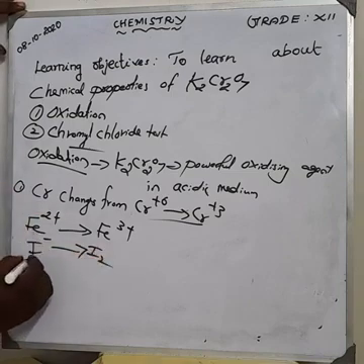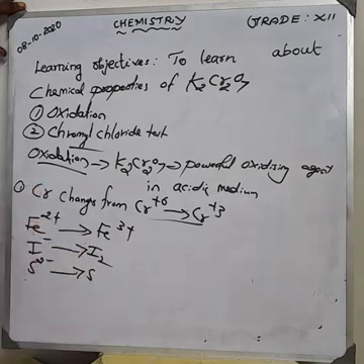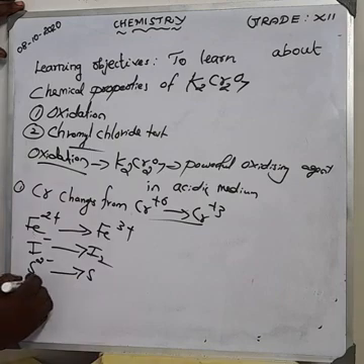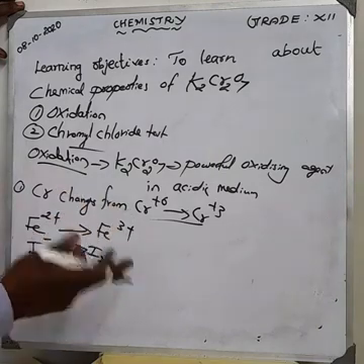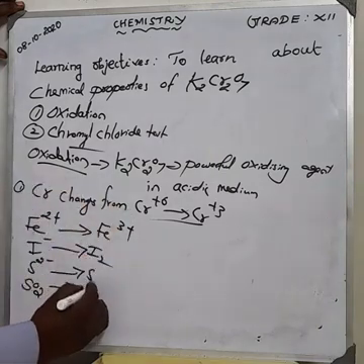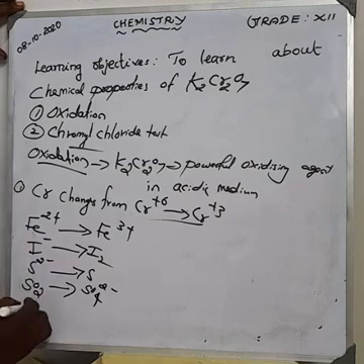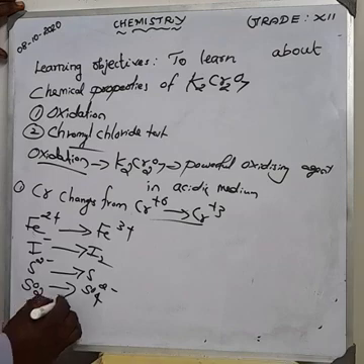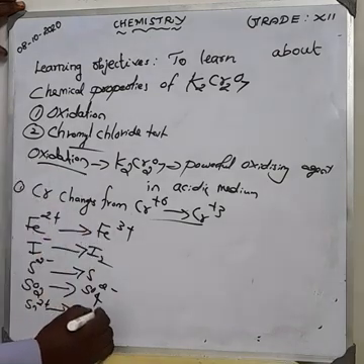Sulfide ion, S2 minus, is changed to sulfur. Sulfur dioxide SO2 is changed to sulfate ion SO4 2 minus. And also stannous, Sn2 plus, is converted to stannic, that is Sn4 plus.